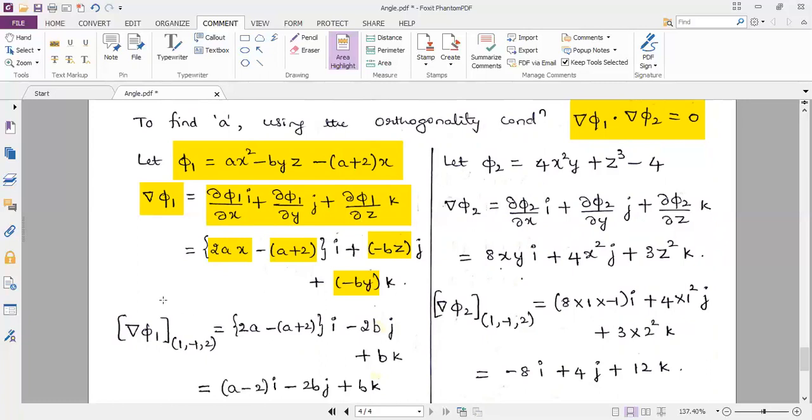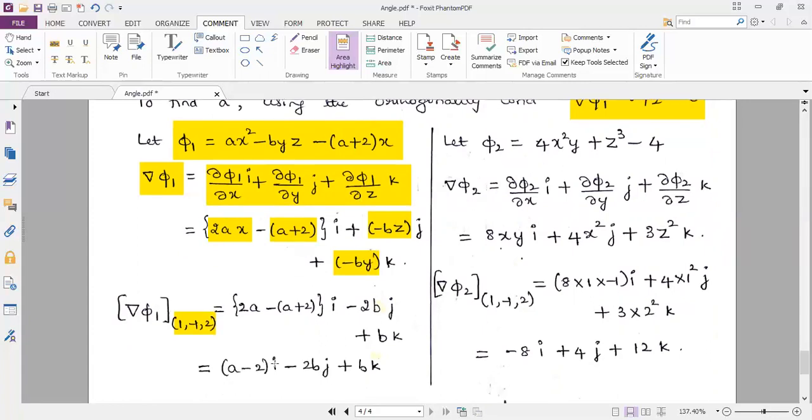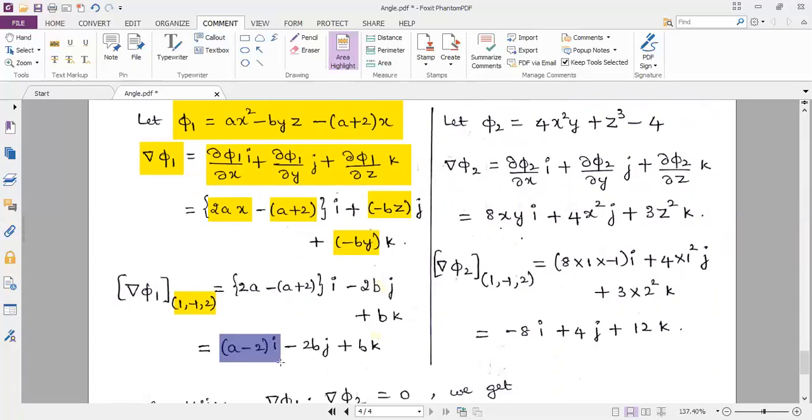Now let's find grad φ1 at the given point (1, −1, 2): x = 1, y = −1, z = 2. Substituting in the above expression, we get (a − 2) i − 2b j + b k.